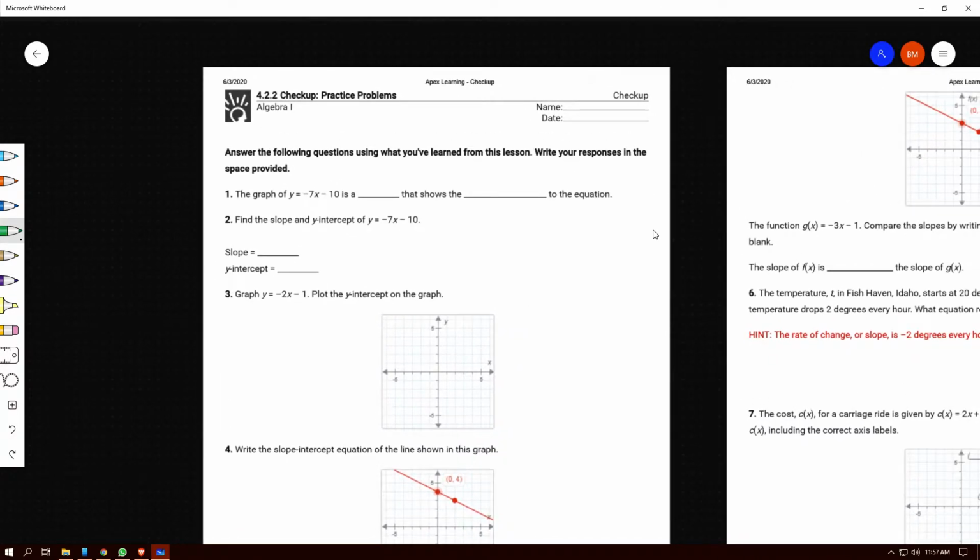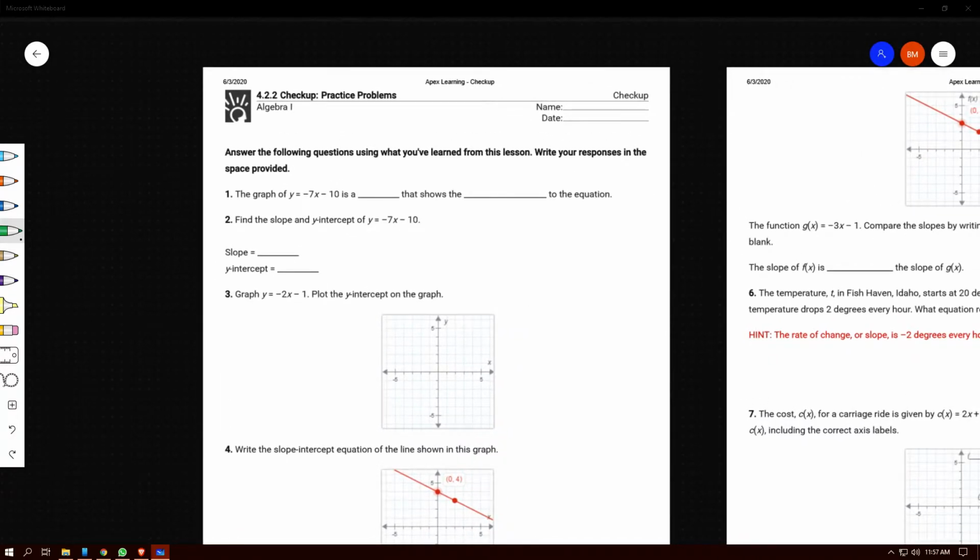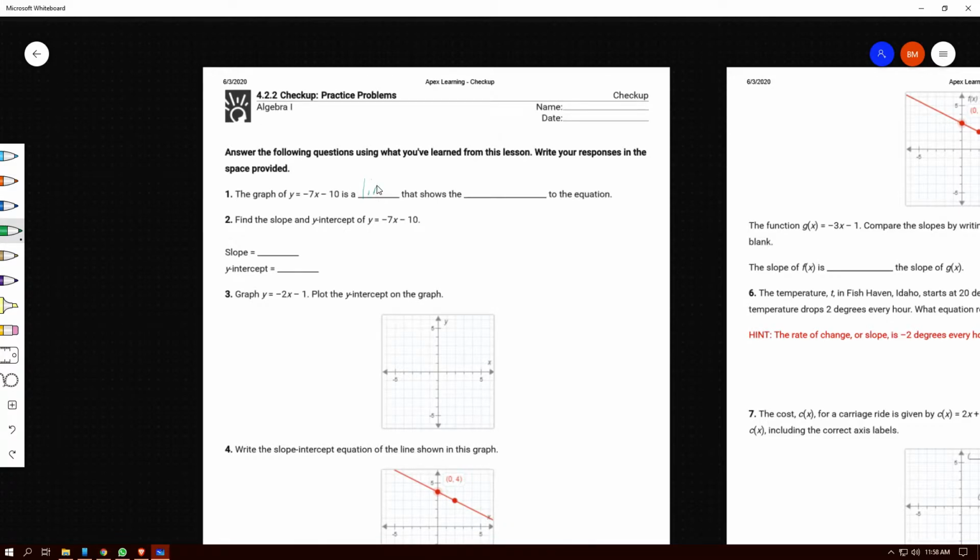So we're doing the graph of y equals negative 7x minus 10. If I'm just going to break this down, it shows, well, we'll answer it first: it's a line, and that shows all the answers. Technically they want the set of all solutions.